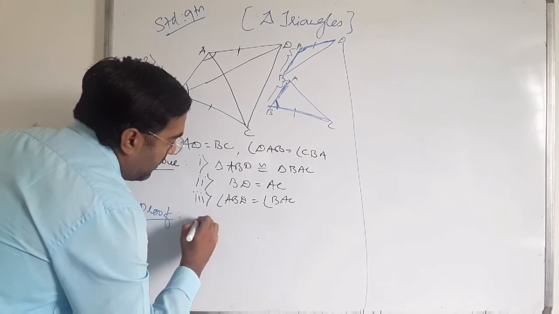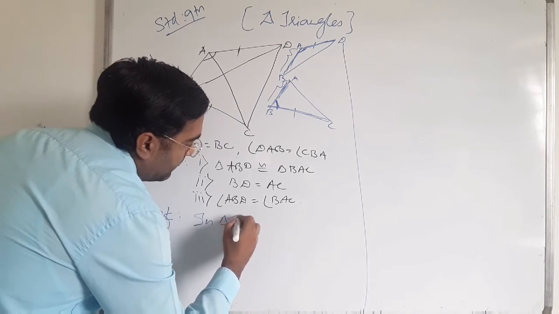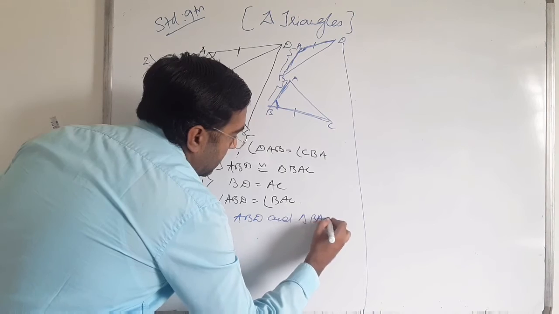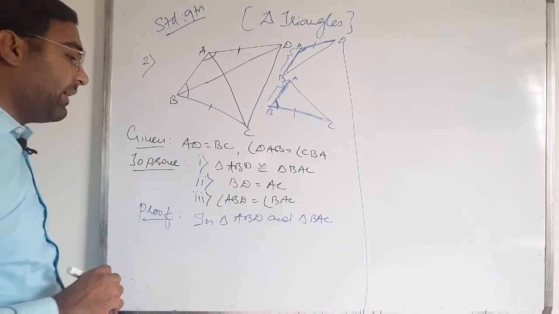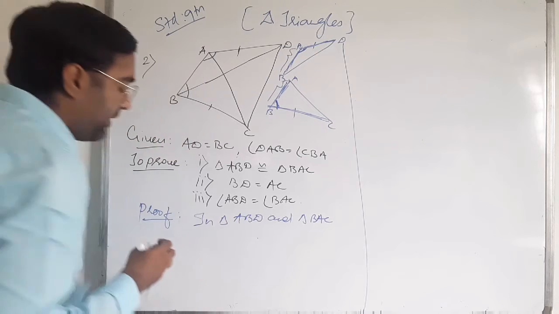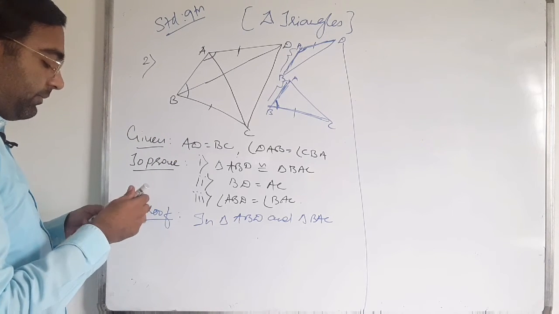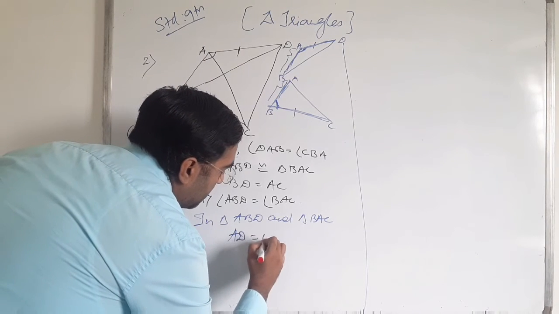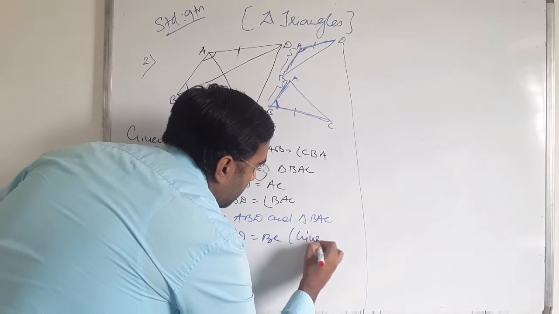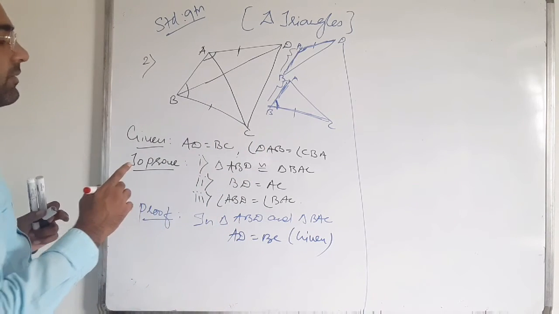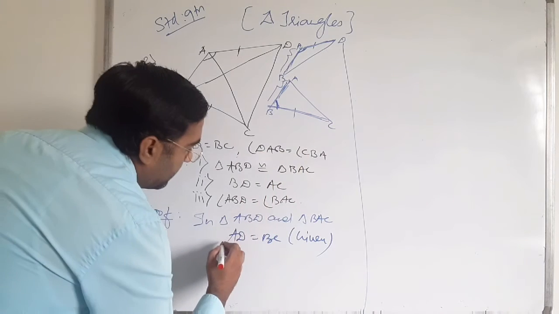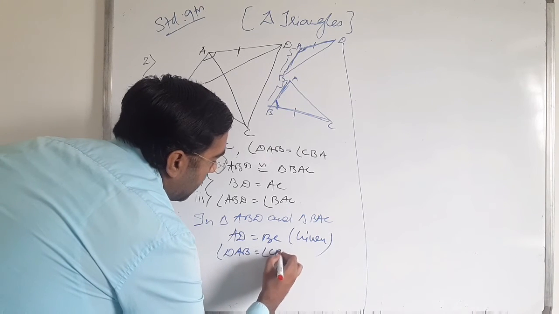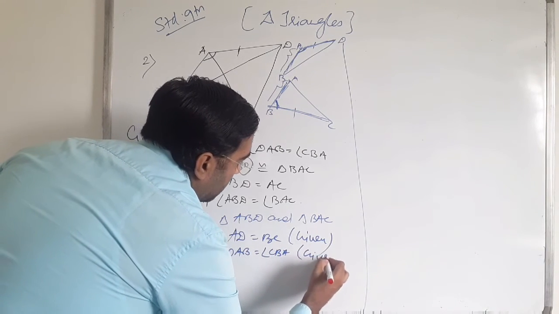So in triangle ABD and triangle BAC, first of all AD is equal to BC, that is given. Second, angle DAB is equal to angle CBA, that is also given.